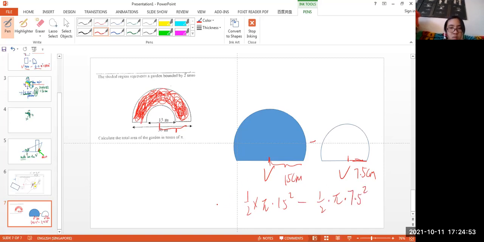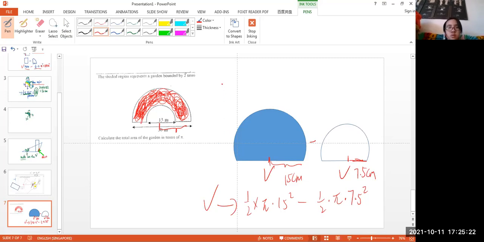Can you use your calculator and help me out? What's the answer? Yep, so just find this out for me. Use your calculator. 88.3.